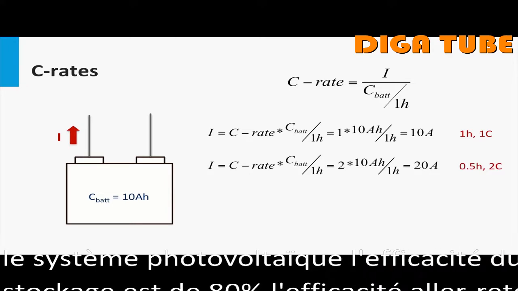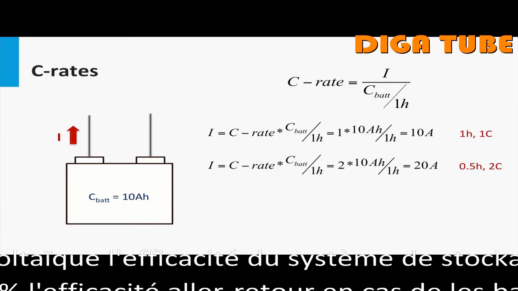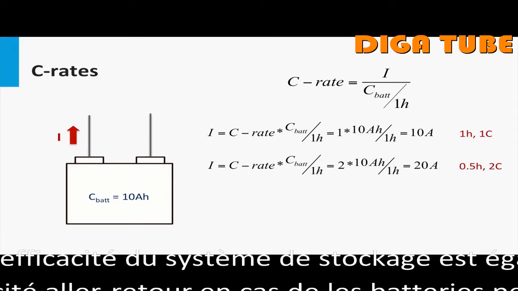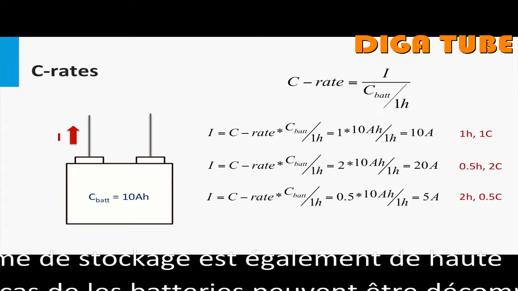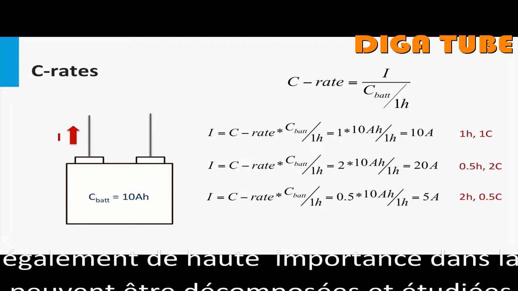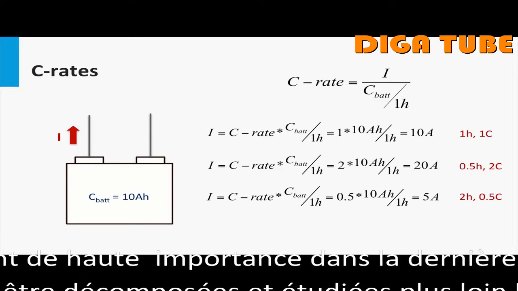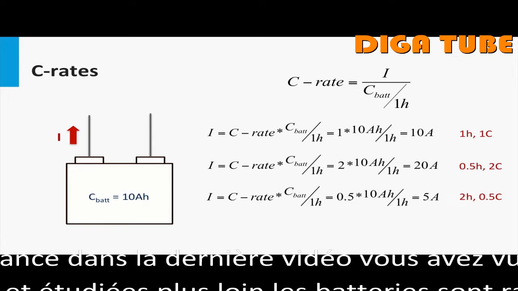On the other hand, a C rate of 2C for the same battery would correspond to a discharge current of 20 amperes over half an hour. Similarly, a C rate of 0.5 implies a discharge current of 5 amps over 2 hours.